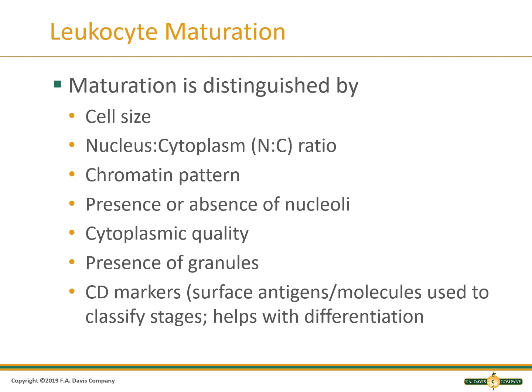We also look at the nucleus to cytoplasm ratio, the chromatin pattern, the presence or absence of nucleoli, the cytoplasmic quality, the presence of granules, and we also look at CD markers if those are available. CD markers are surface antigens or molecules that are used to classify the different stages of the cell, and it helps with differentiation of the cell.